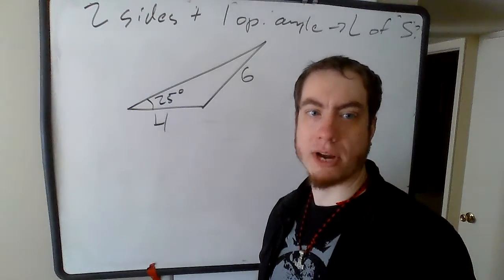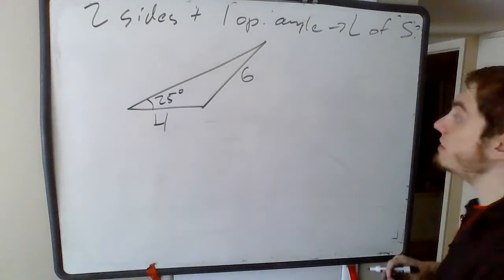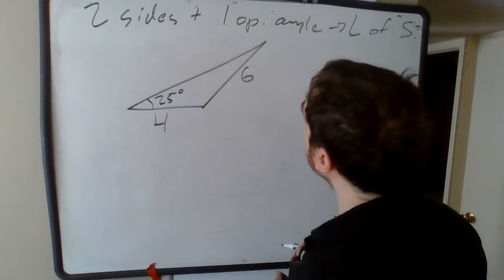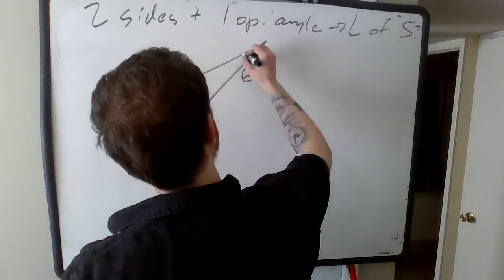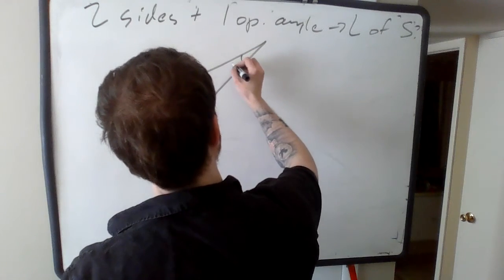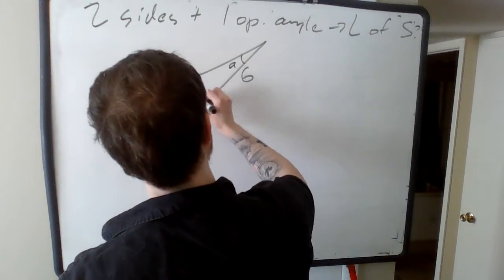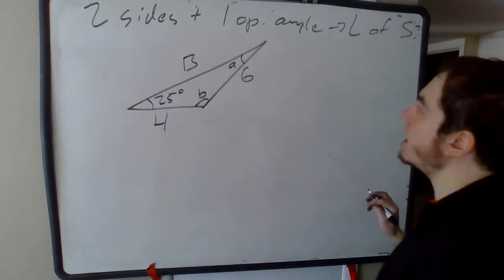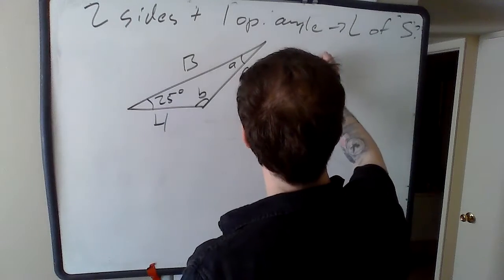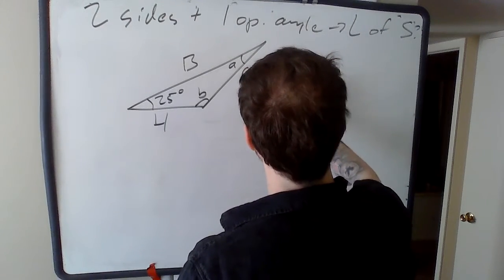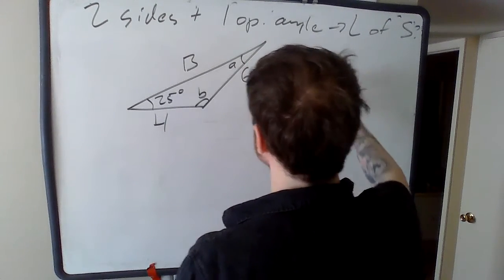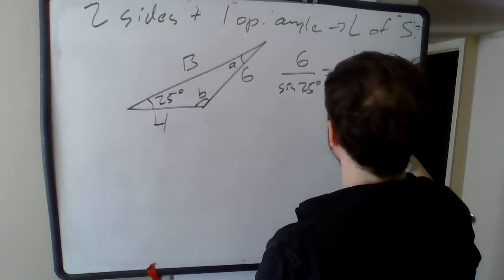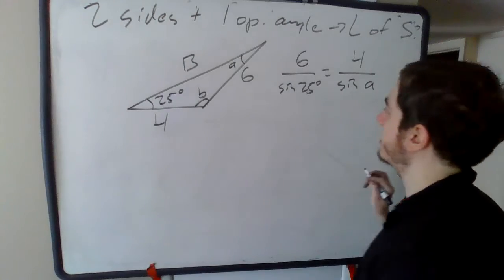So I think this should work out nicely. Then what I can do is say, okay, let's call this angle little a and this angle little b, and we'll call this side b. And then what I know is that 6 over the sine of 25 degrees is equal to 4 over the sine of little a.